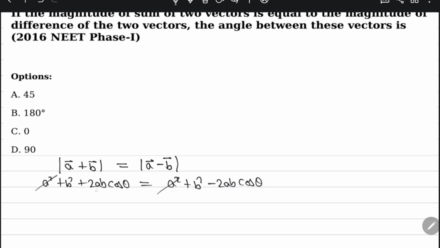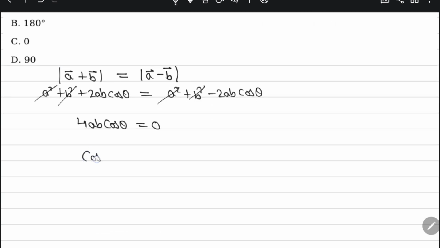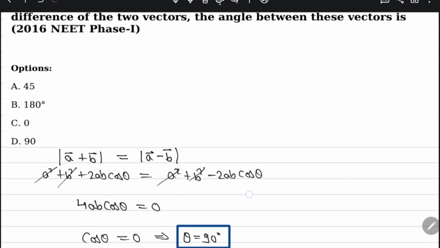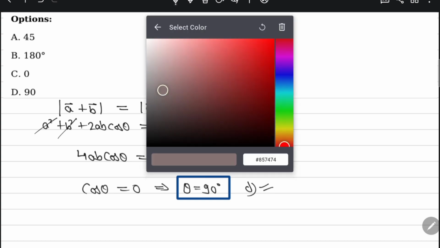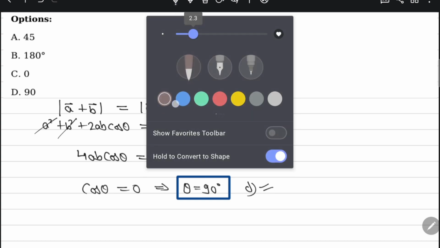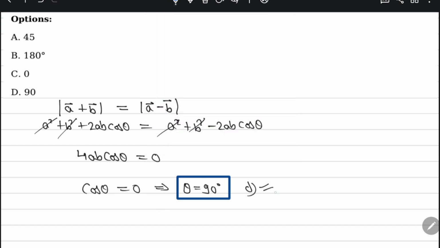So A square cancels, B square cancels, and it comes out to be 4AB cos theta is equal to 0. So cos theta is equal to 0, so theta is equal to 90 degree. So which option? Option D is correct.